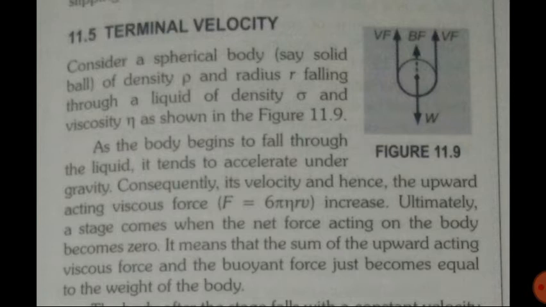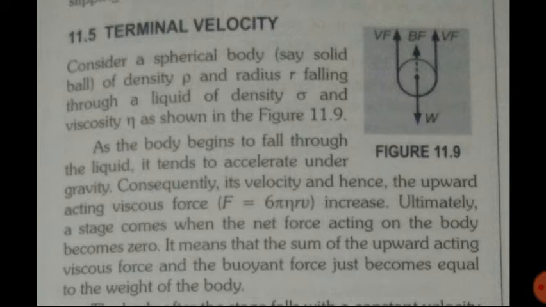Initially, when the body falls in liquid, because of gravity it gets accelerated and its velocity increases. But after some time, the total upward force and the total downward force become equal, and after that the body starts falling in the liquid with a constant velocity.